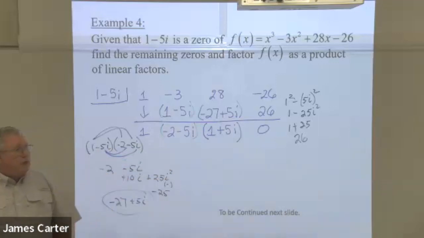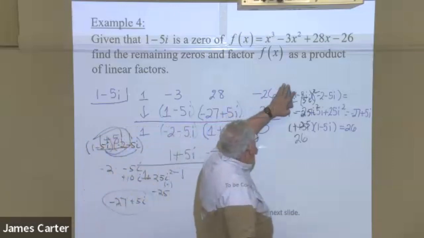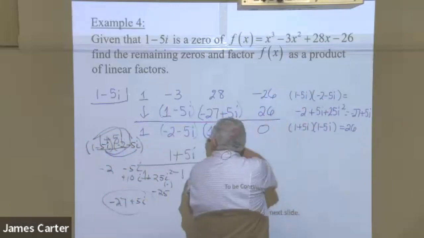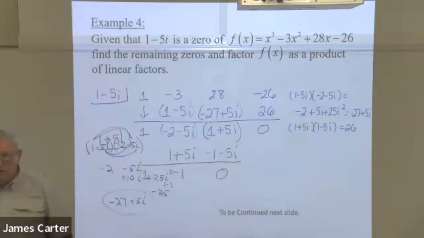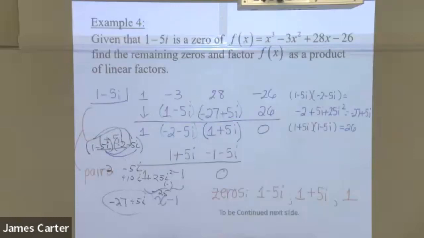Okay, and I think that's where I want to stop. Let me look at one. Okay, this business over here is just multiplying this out like I did over there. That's all that is. Now, here are the zeros associated with this thing.